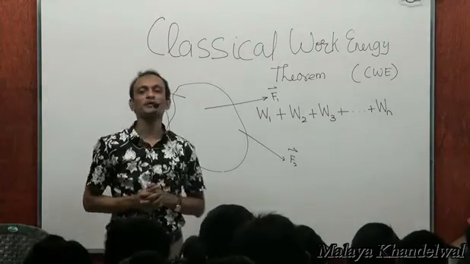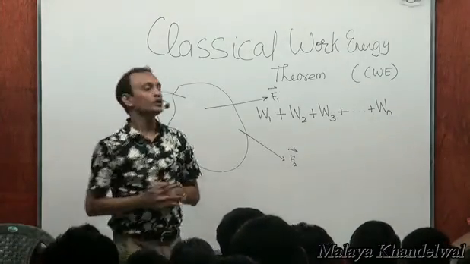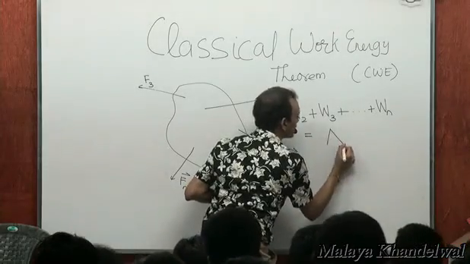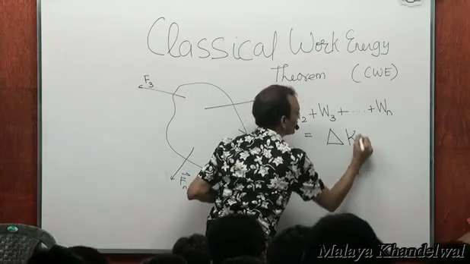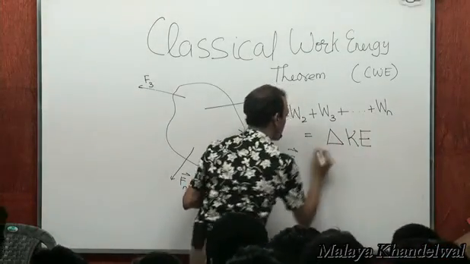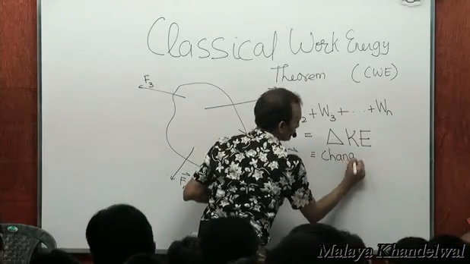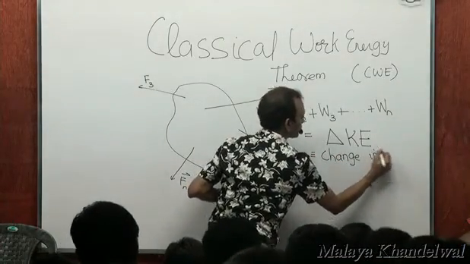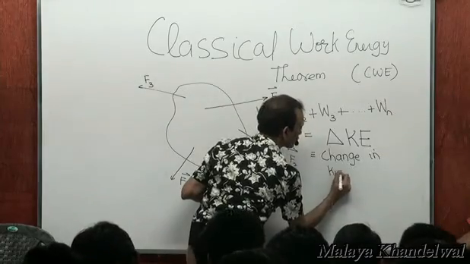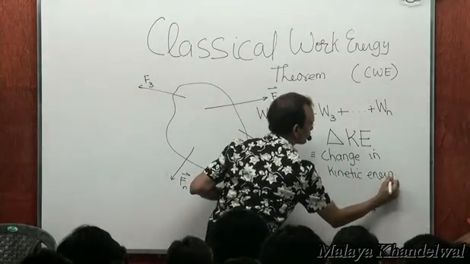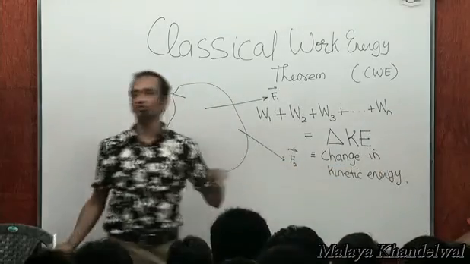This, from the classical work energy theorem, is supposed to be the change in kinetic energy of the system, delta KE, final kinetic energy minus initial kinetic energy. This is the change in kinetic energy of the system.